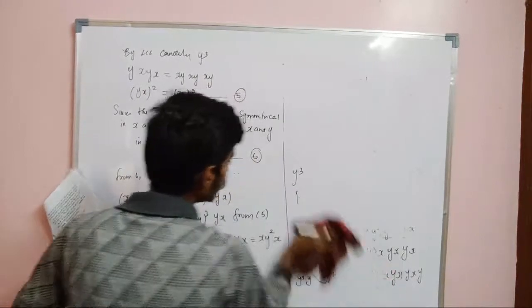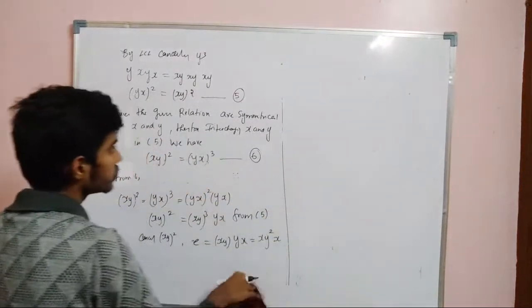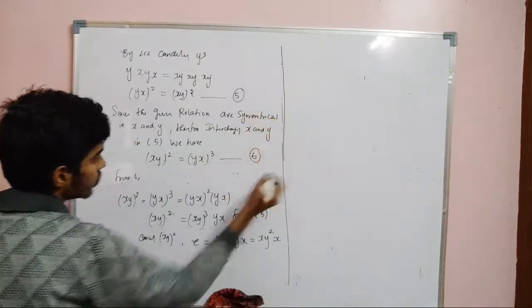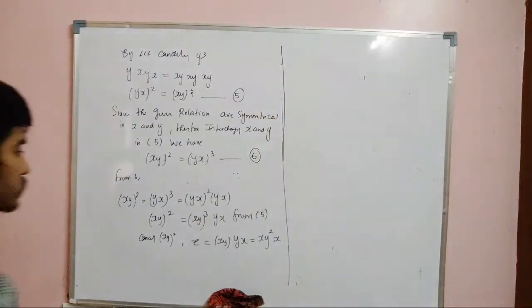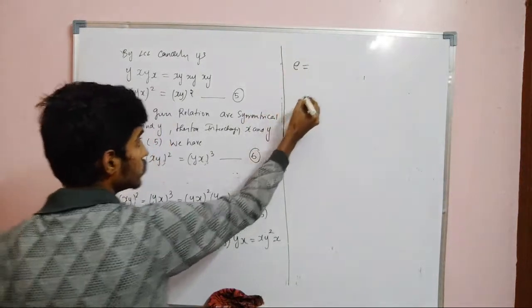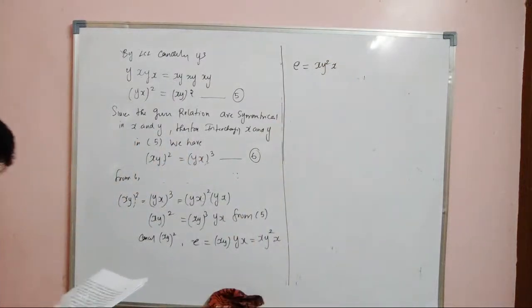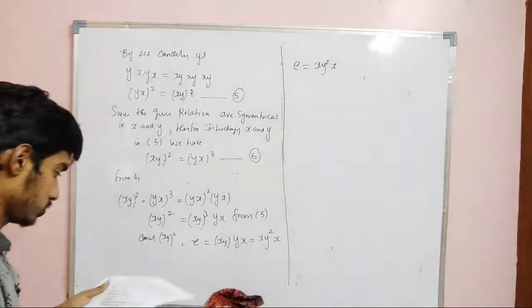I need to prove x and y are both equal to e. That is my aim. So we have e is equal to (xy) square x.